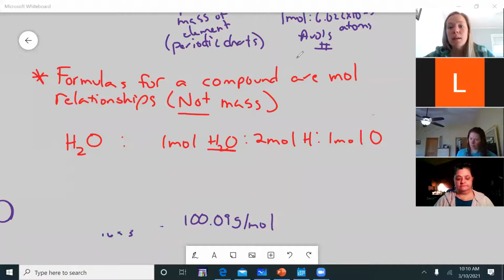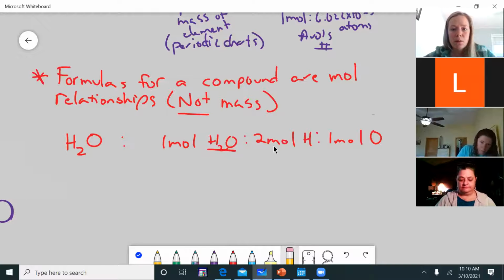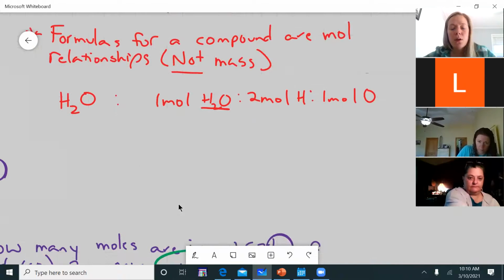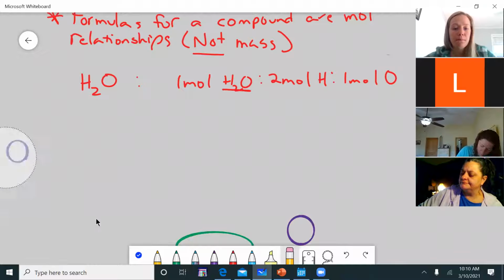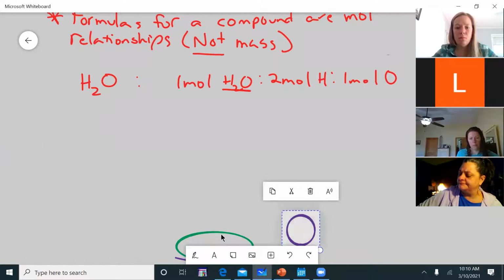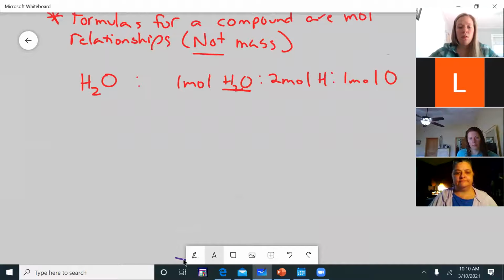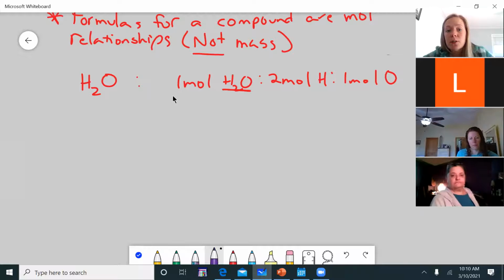So I want you to give me all the possible molar relationships. Well, let me show you one. Let me do it for the water first. So we know that 1 mole of water produces 2 moles of hydrogen and 1 mole of oxygen. So some things I can do is I can write a couple conversion factors.